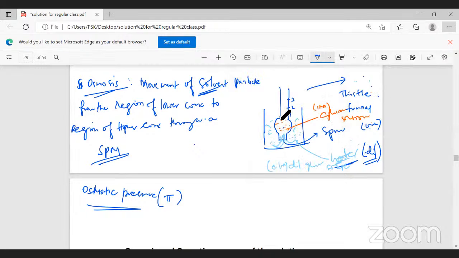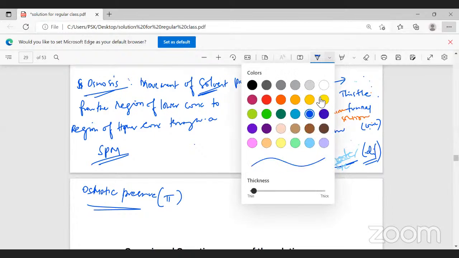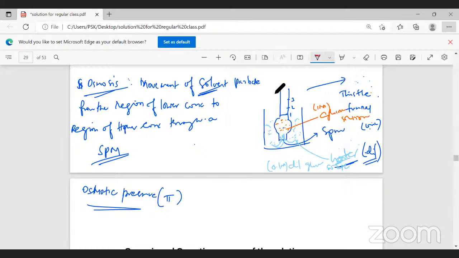We have taken a glucose solution up to the 1 mark, and we are immersing it. Now what we are doing is fixing a piston here. This is a fixed piston.